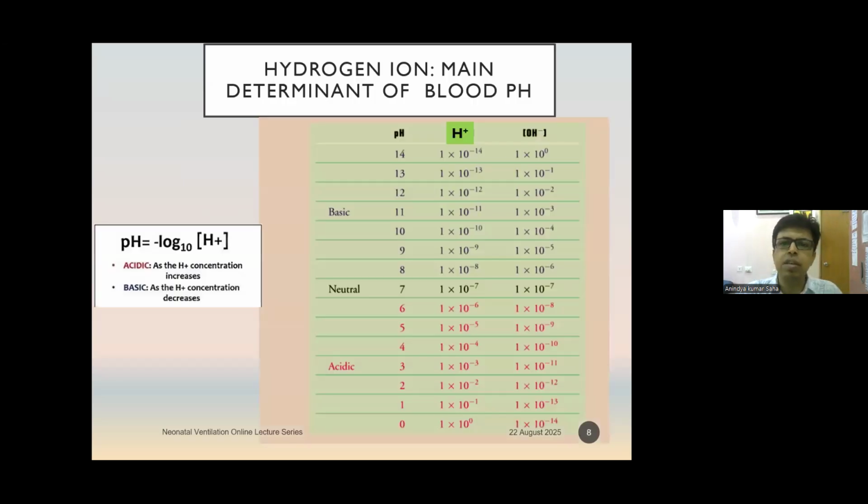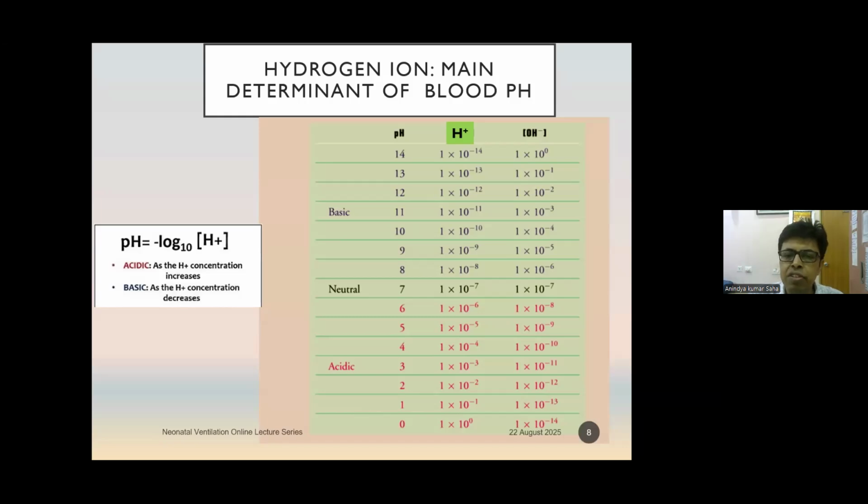In a neutral situation, when the pH is 7, the actual hydrogen ion concentration is 10 to the power minus 7 mole per liter. And we come to pH by taking the negative logarithm of this 10 to the power minus 7. So if it decreases to 10 to the power minus 8, that is 1 by 10, the pH becomes basic.